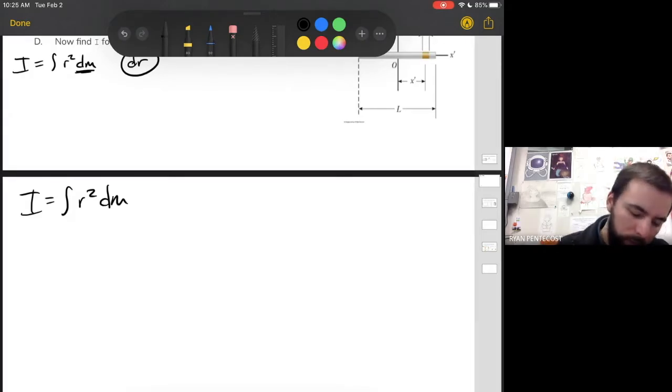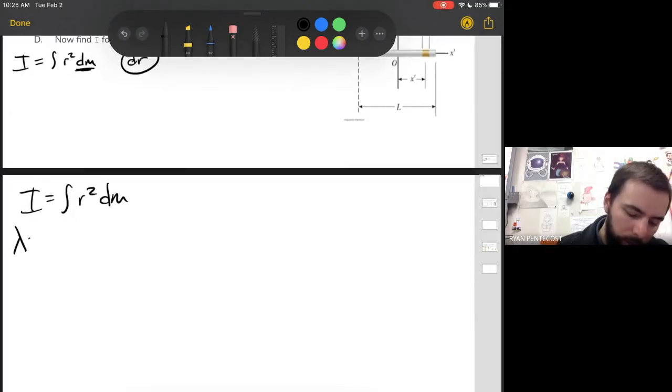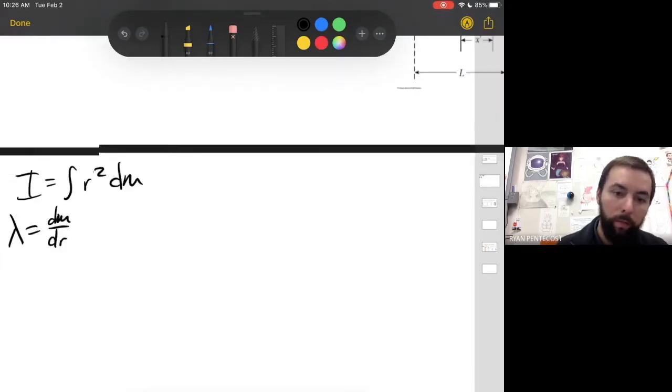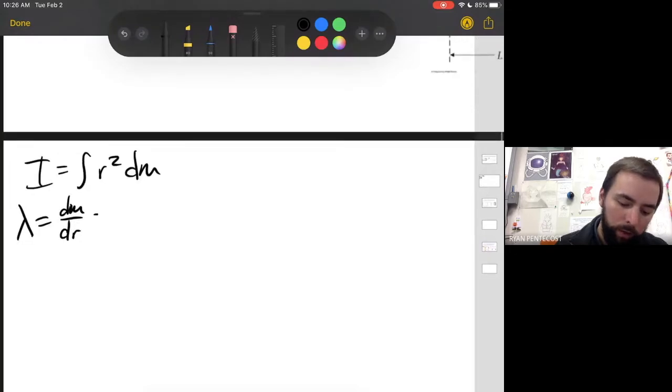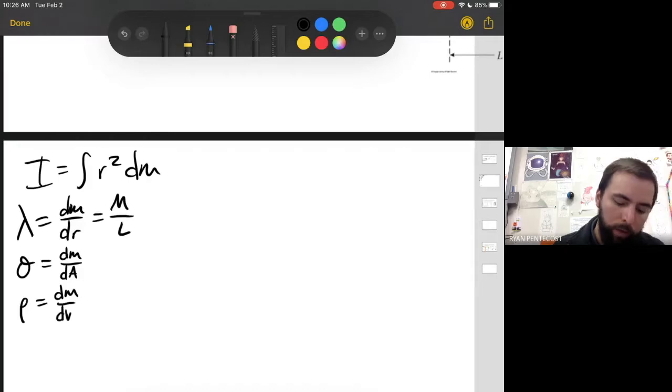We start with lambda. Lambda is linear density. This can be shown as dm over dr or dm over dl. This can also just equal mass divided by length. Then you have sigma, which is dm over dA. And then you have rho, which is dm over dV.